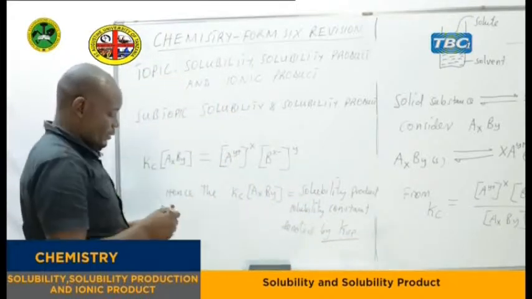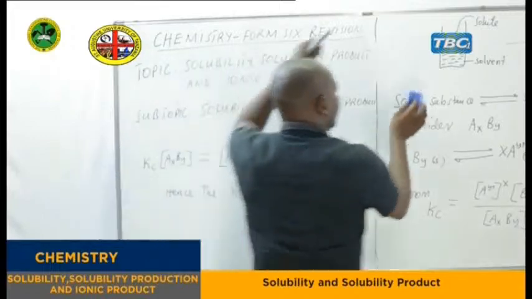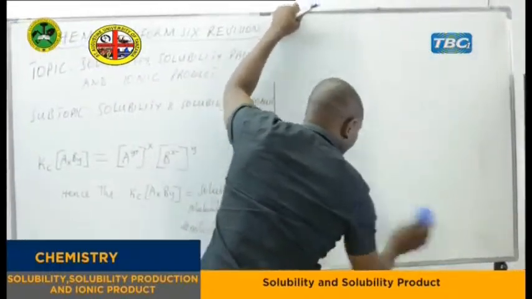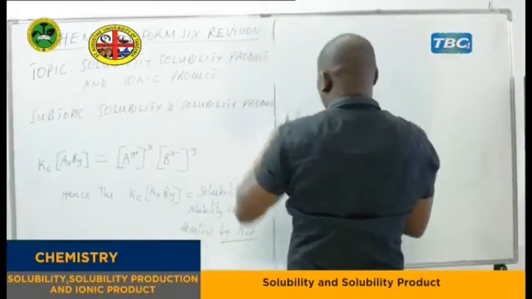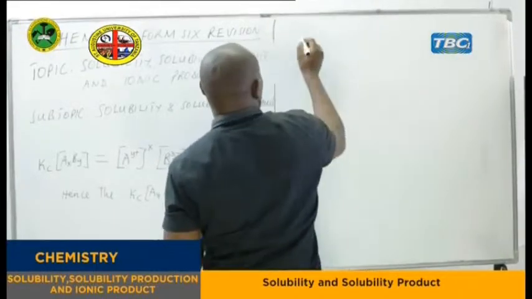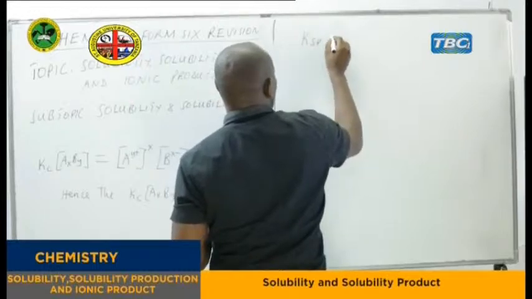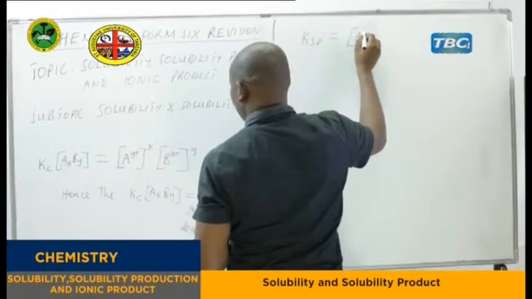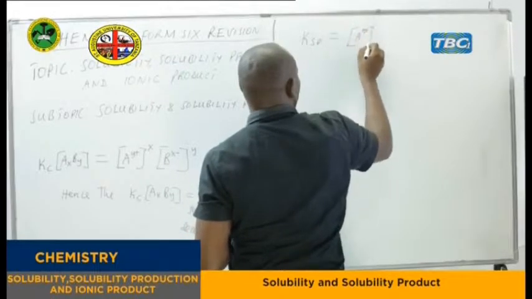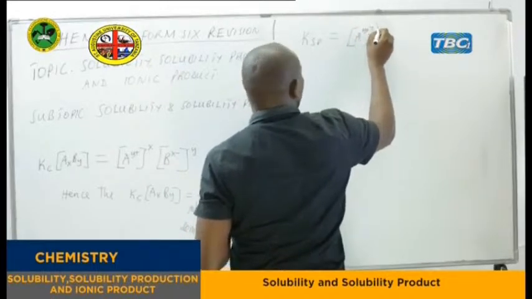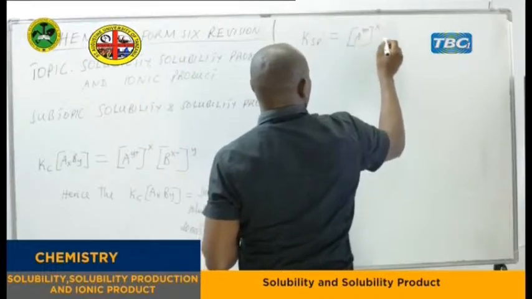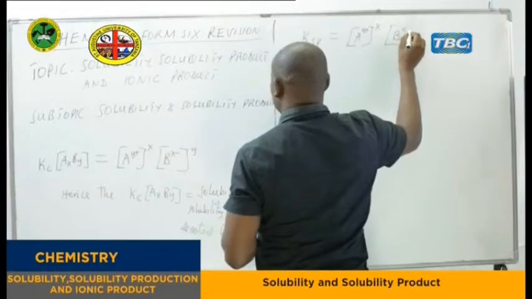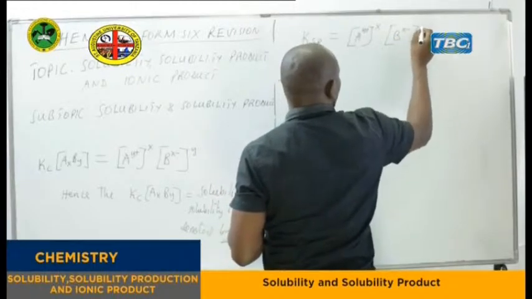From that equation, it means that the Ksp will be equal to the concentration of A^(y+) raised to power x, times the concentration of B^(x-) raised to power y.